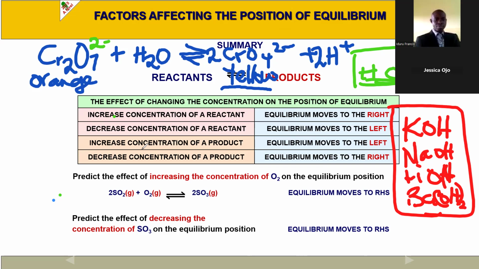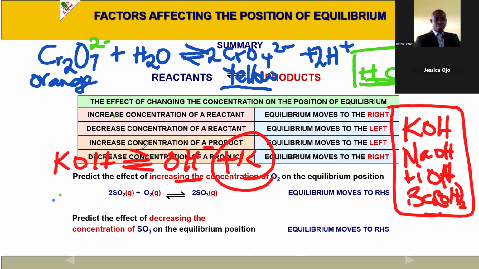So any of them, KOH for example, will give you OH- plus K+. The K+ has no effect. What has effect is OH-. The OH- will not react with water.